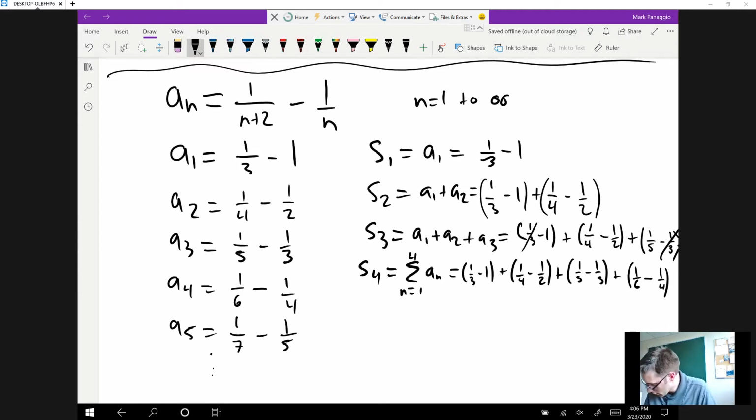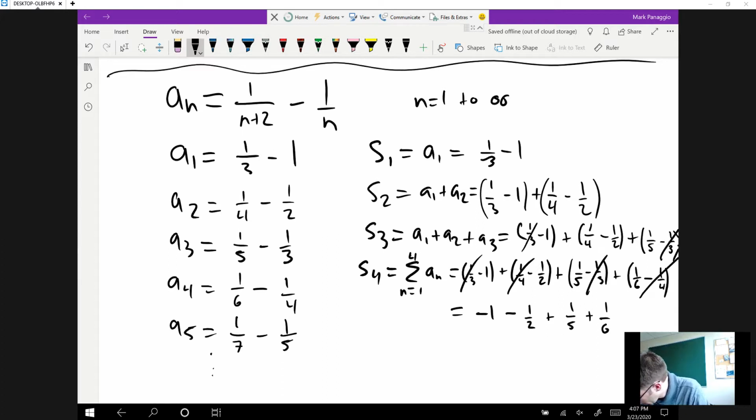And notice the 1/3s cancel. Oops, that was a 1/5. Let me fix that. The 1/3s cancel, and the 1/4s cancel now. All right, so I'll write that a little simpler. We have -1 minus 1/2 plus 1/5 plus 1/6.